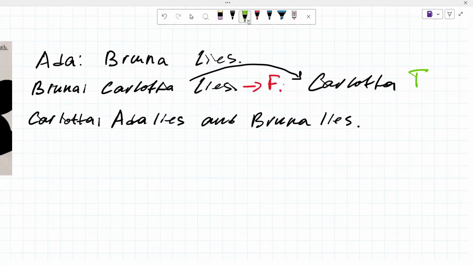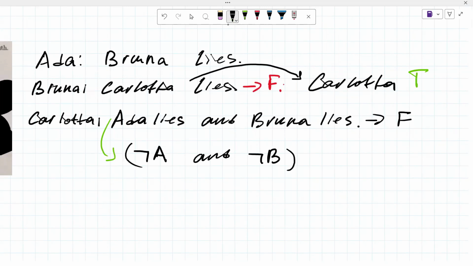How can we make this statement false? For the statement Ada lies and Bruna lies, we need to apply negation. Let me write Ada is A, and Ada lies means not A. Bruna I will write as B, and Bruna lies as not B. We need to apply negation because we know that this statement is false.